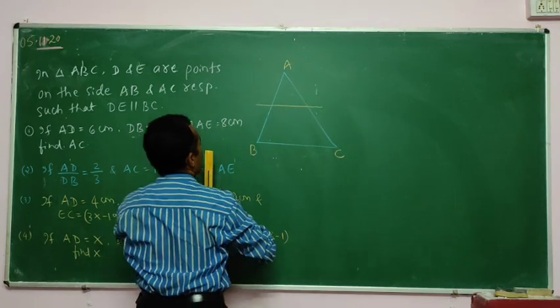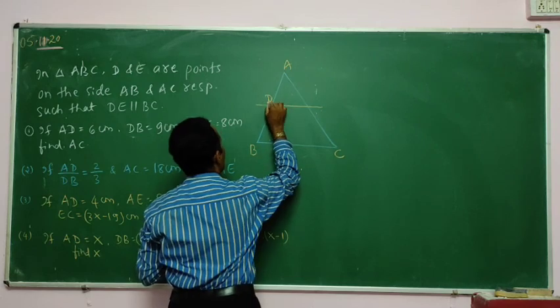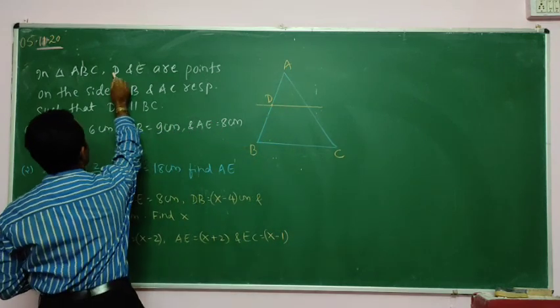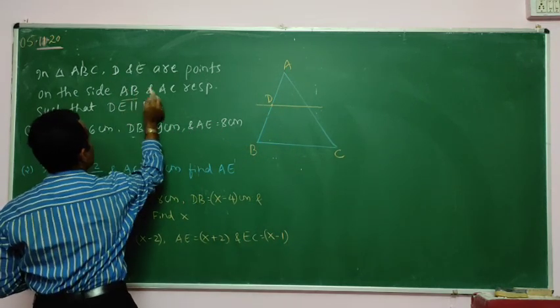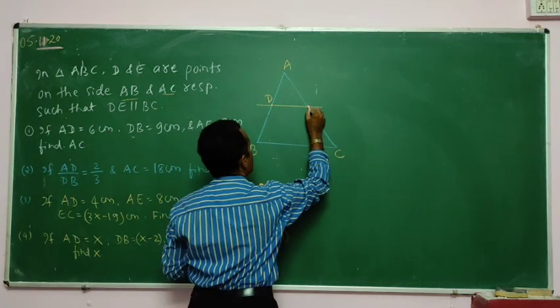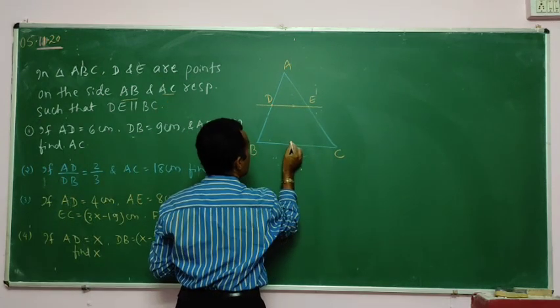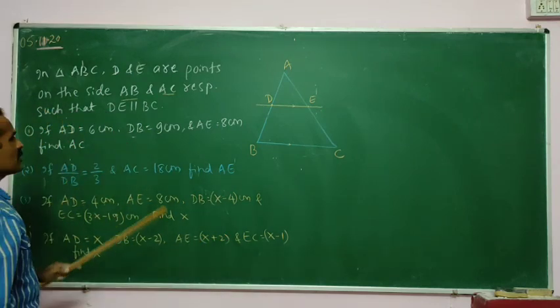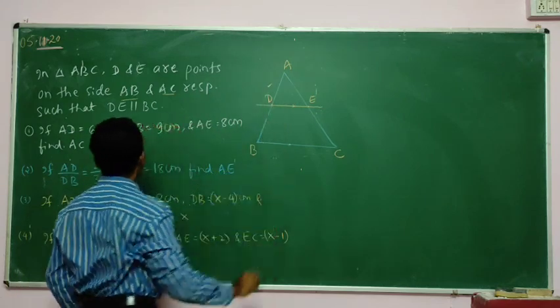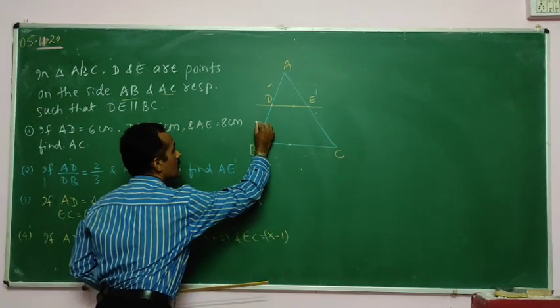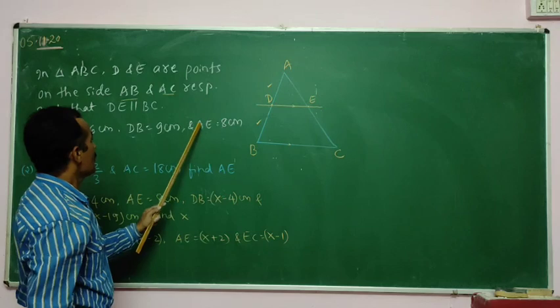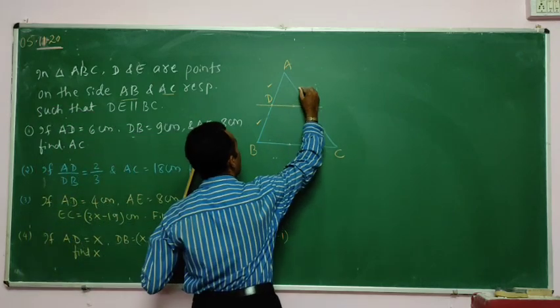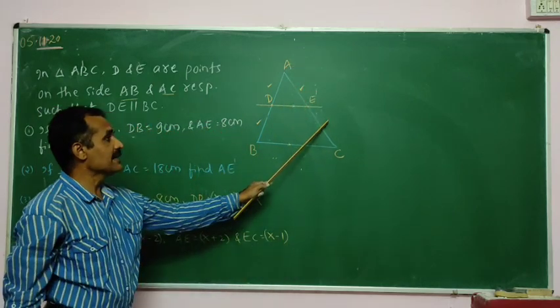D is a point on AB, and E is a point on AC such that these two are parallel to each other. What do they say? AD is given, DB is given, AE is given. Find AC.